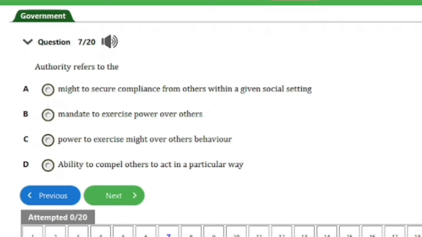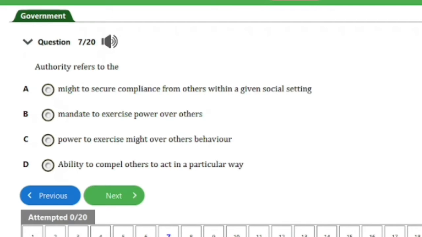We have here question number 7. It says, authority refers to the A. Might to secure compliance from others with a given social setting. B. Mandates to exercise power over others.